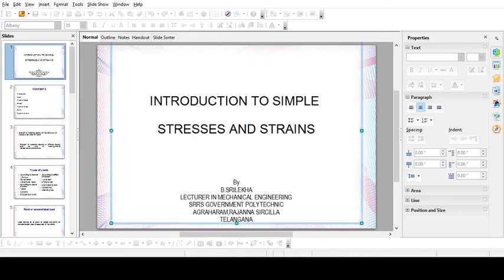Next, strain. Strain is nothing but change in length by original length. Strain is the deformation that occurs due to the effect of load. So simply you can write it as change in length by original length. It has no units because both are lengths.